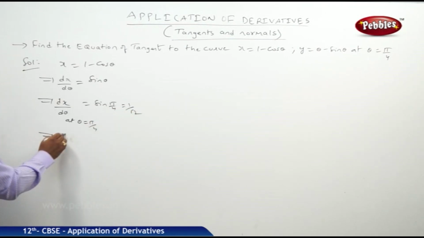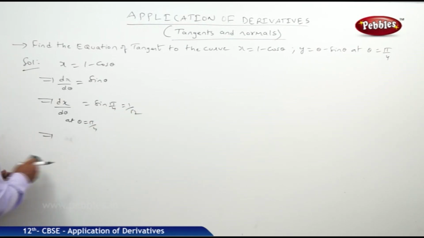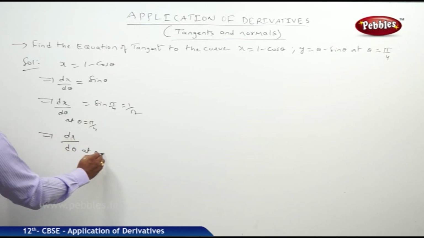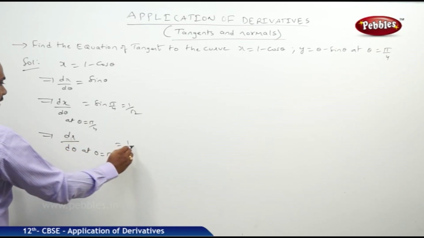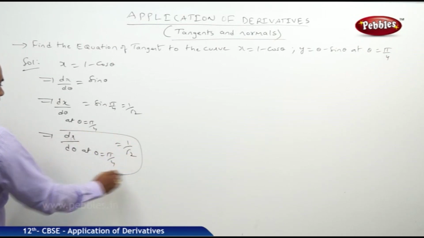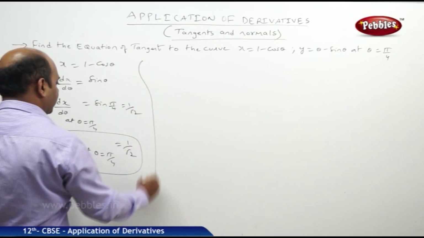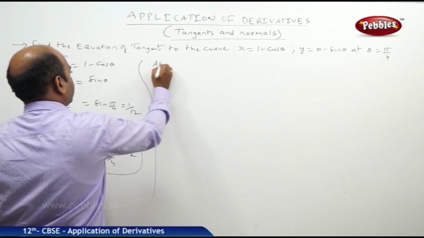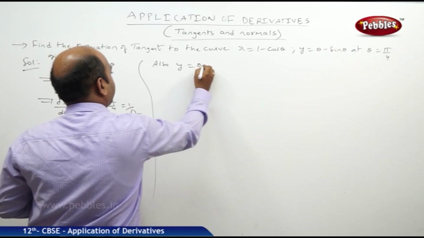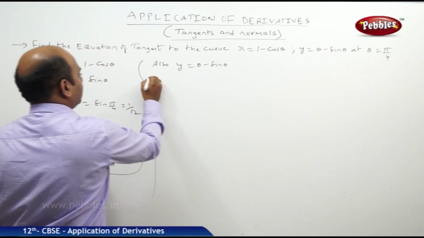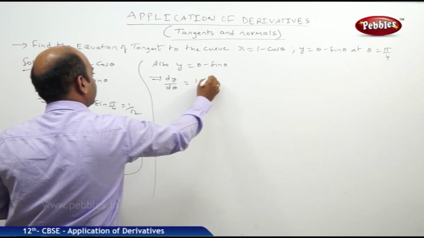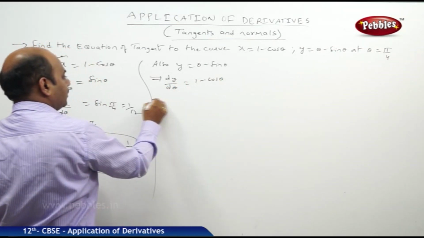So finally, dx by d theta at theta is equal to pi by 4, I got the value as 1 by root 2. Also y is equal to theta minus sin theta. So what happens? dy by d theta is equal to 1 minus cos theta.